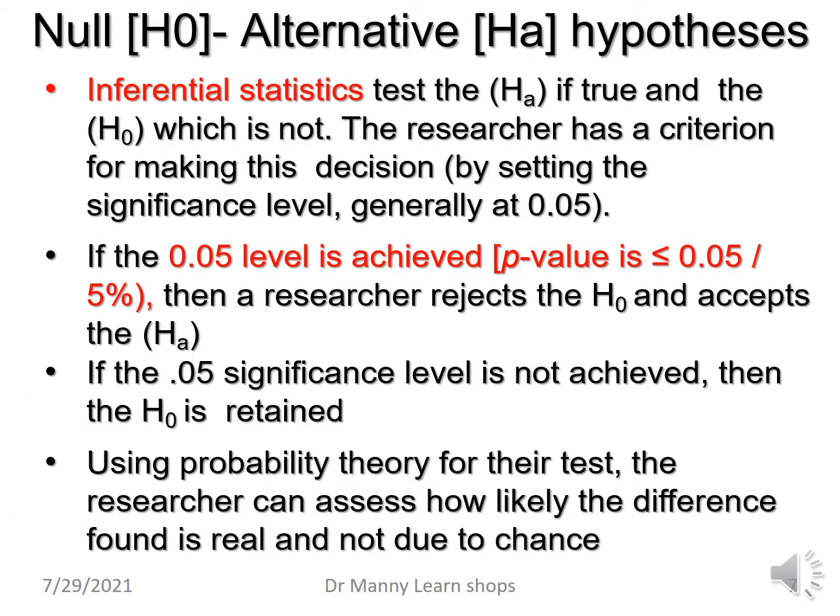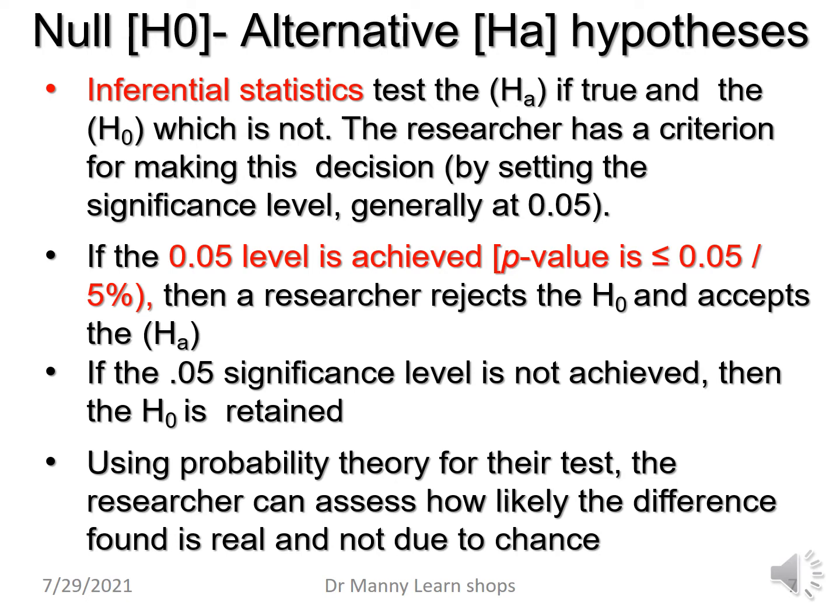When we look at the null and alternative hypothesis in inferential statistics, the test is that if the alternative hypothesis is true, the null hypothesis is not. The researcher has a criterion for making the decision by setting the significance level, generally at 0.05.